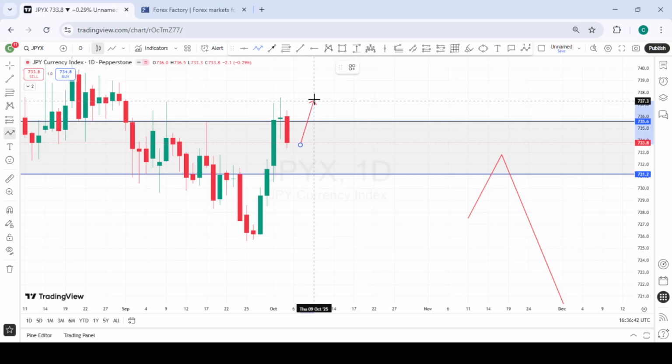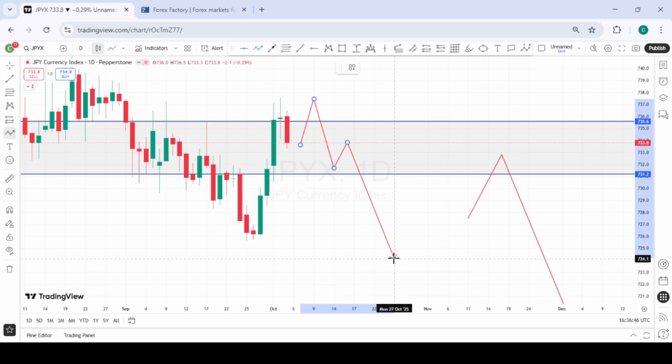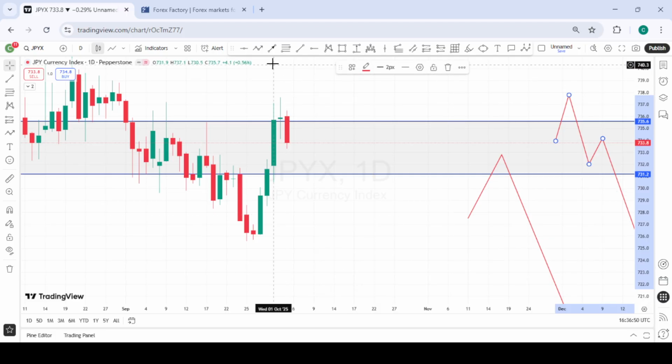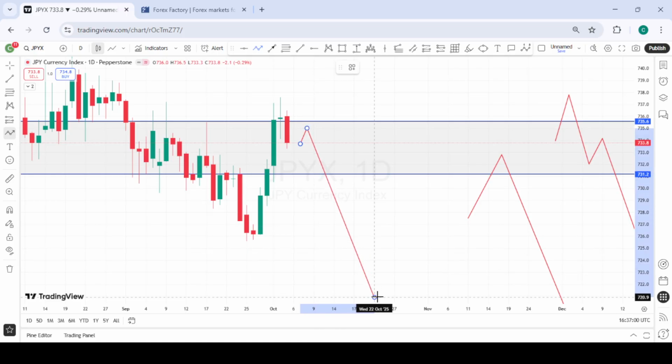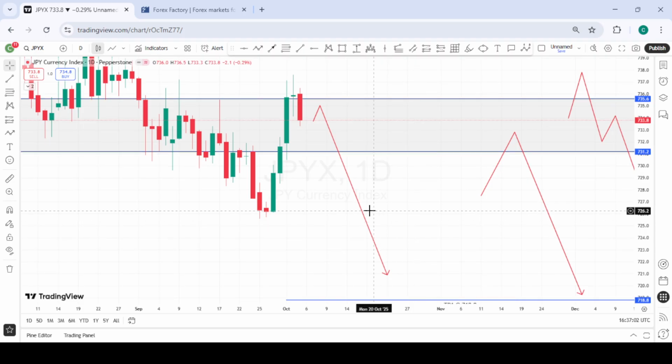If price pulls back and gives us a possible double top, we'll be looking to sell to the downside, or if price gives us a lower high formation, it gives us a selling confirmation, then we'll be looking for shorts on the Japanese yen index.